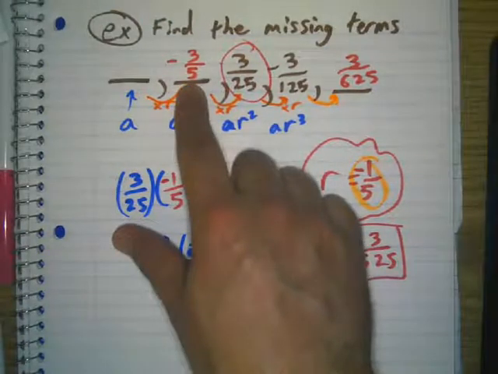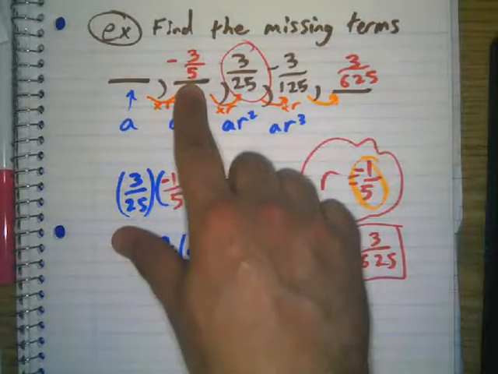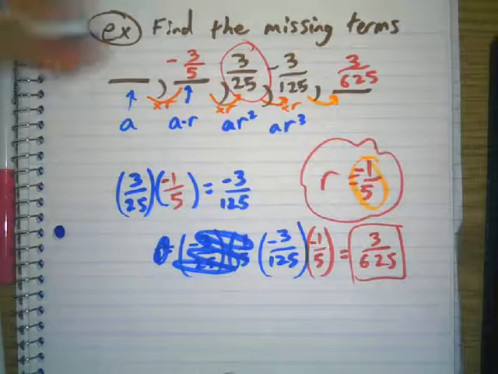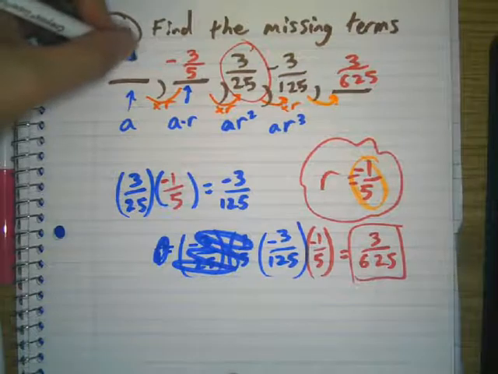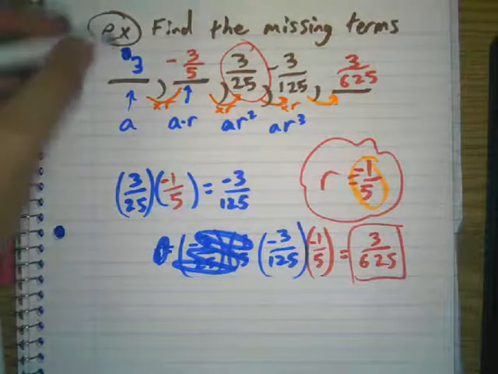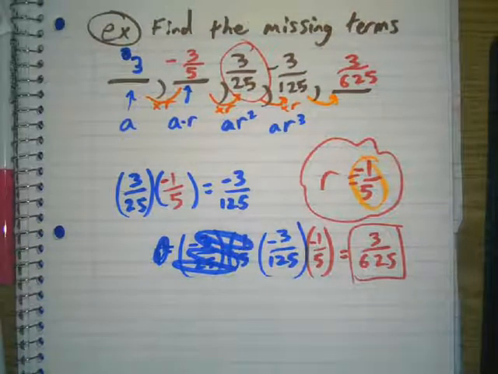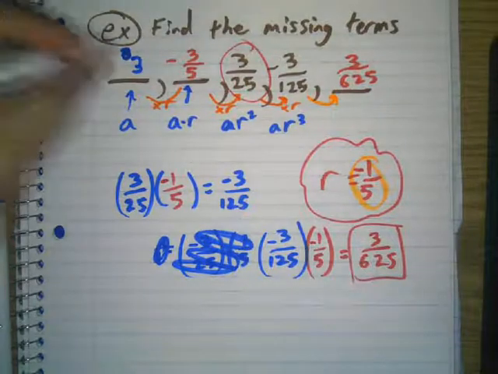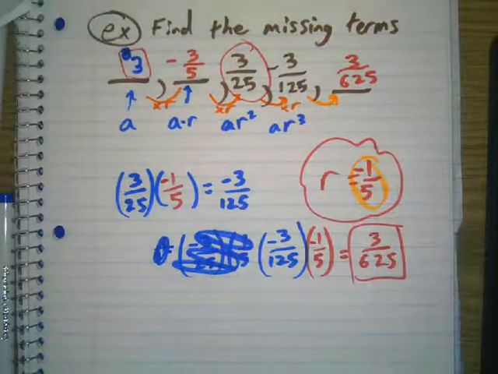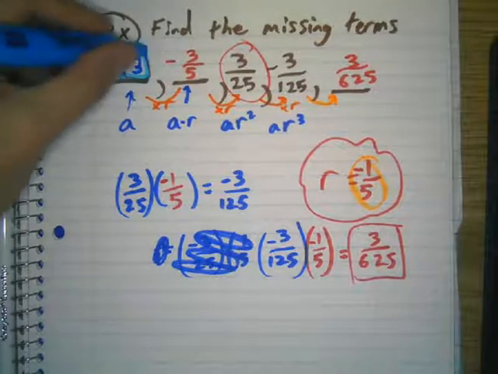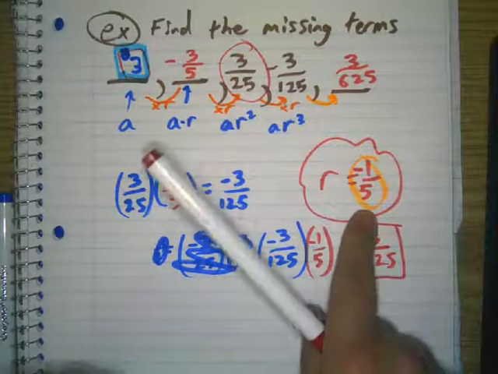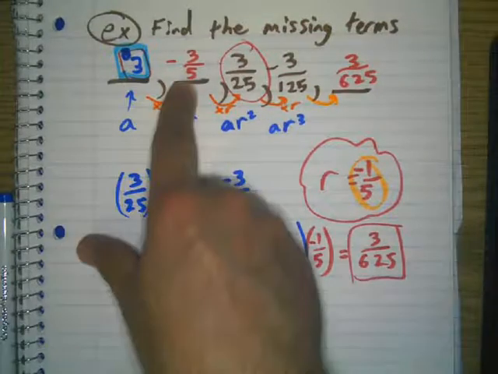Well, the next one's going to be positive 3. Just positive 3, right? Now let's see, if 3 is my original value here for A, if I multiplied negative 1/5 times 3, I get this, don't I?